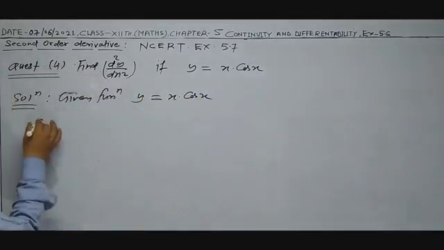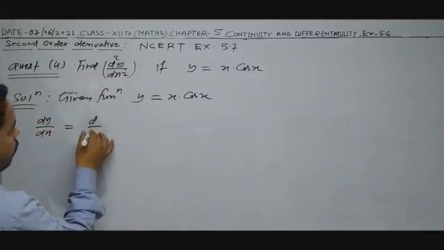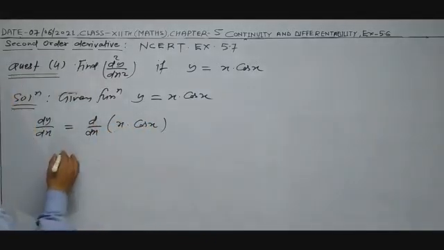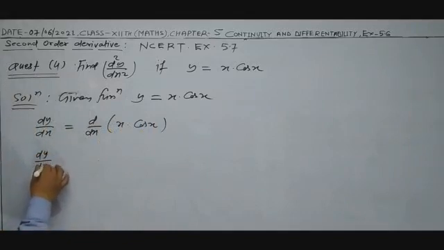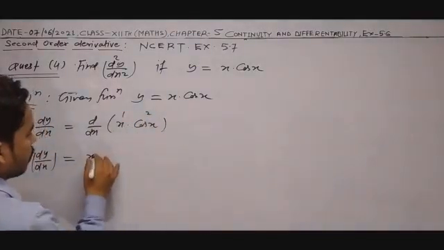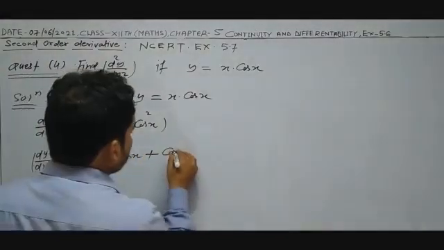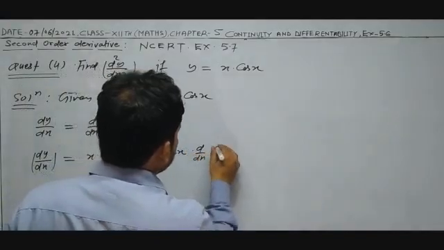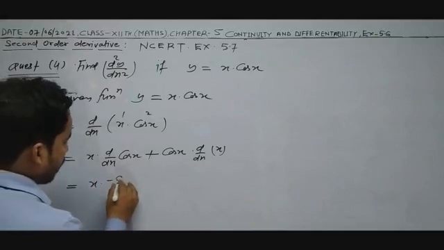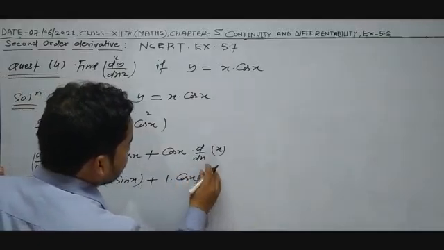So differentiate the function, dy by dx is equal to d by dx of x times cos x, and its result will be first function times derivative of second function plus second function times derivative of first function. So the result will be x times minus sin x plus 1 times cos x, because its derivative is 1.